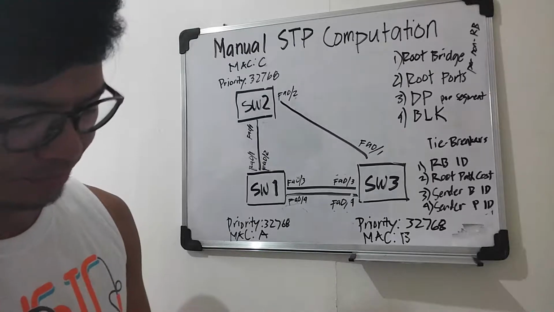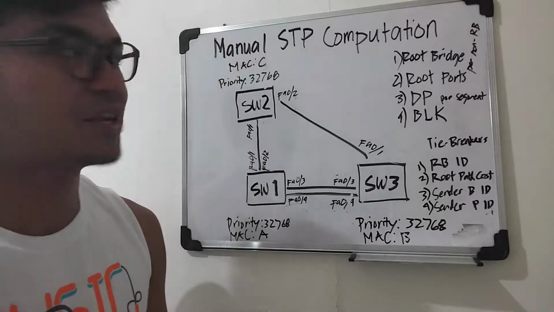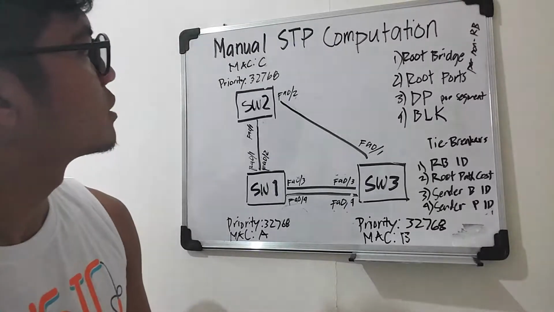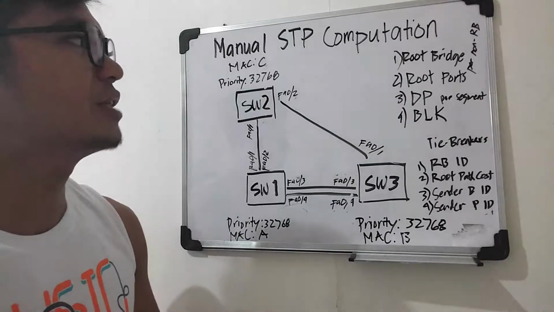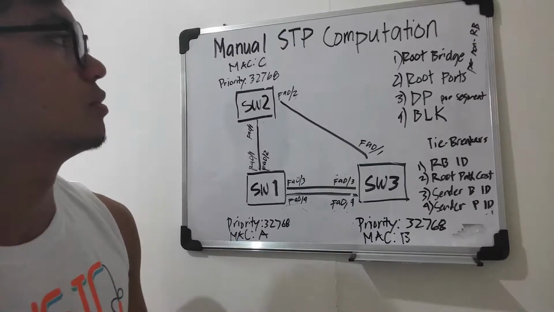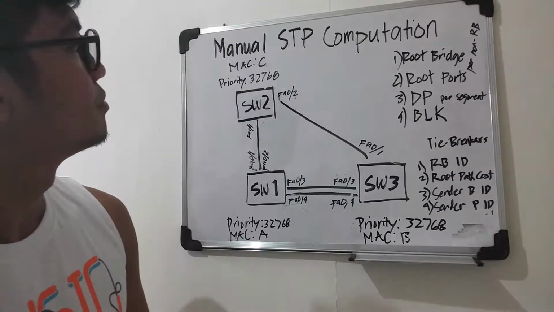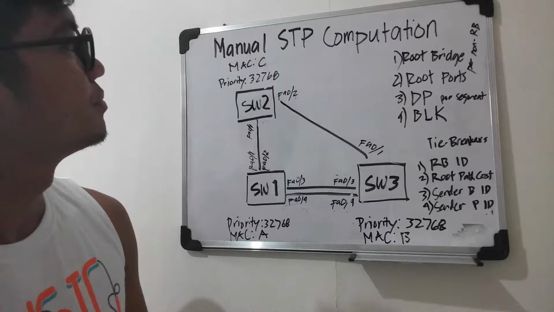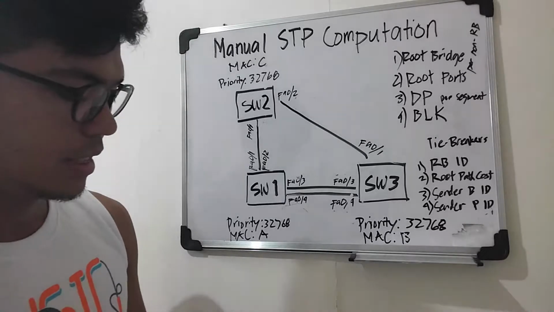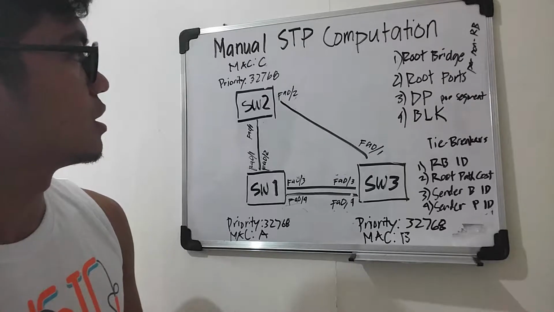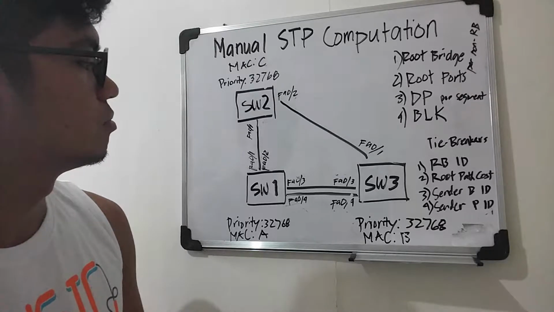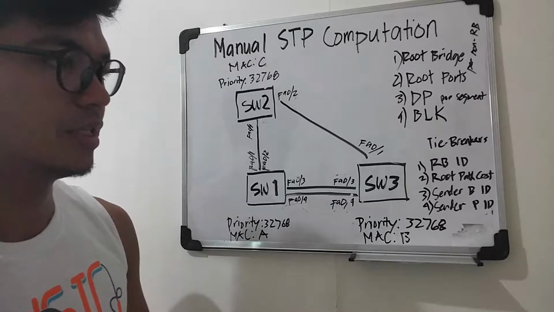So number one is identify the root bridge. So how do we identify the root bridge? The root bridge is the one with the lowest bridge priority, right?